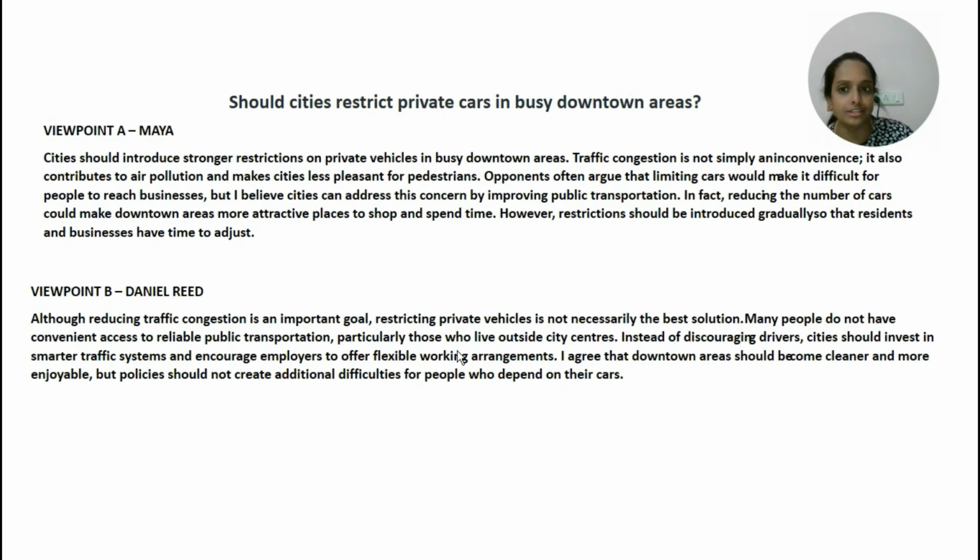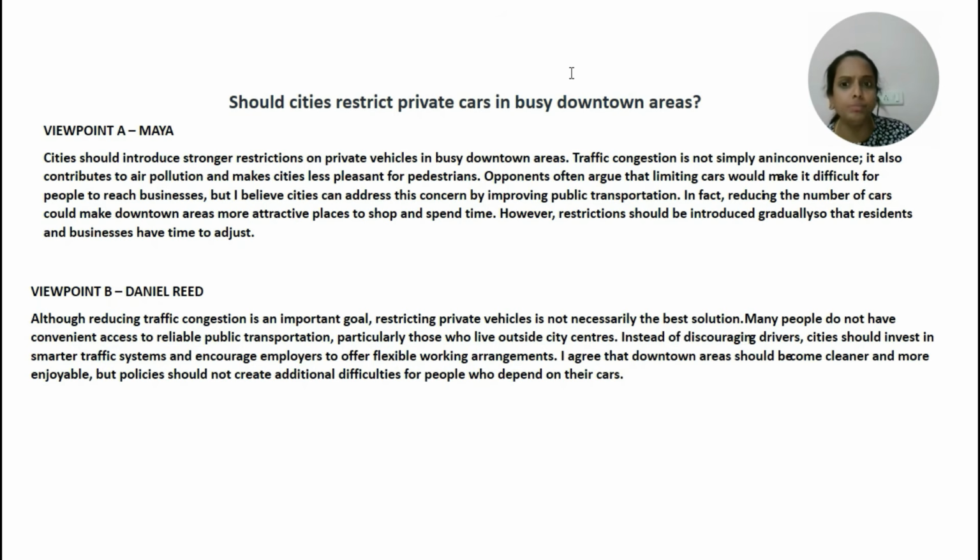If you look at Daniel, Daniel agrees that traffic is a problem. He says cities should be cleaner, downtown areas should be enjoyable. So be careful. Daniel is not saying cars are perfect. Leave everything exactly as it is. No, his fingerprint is different.